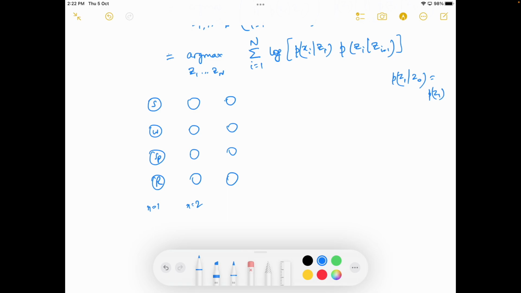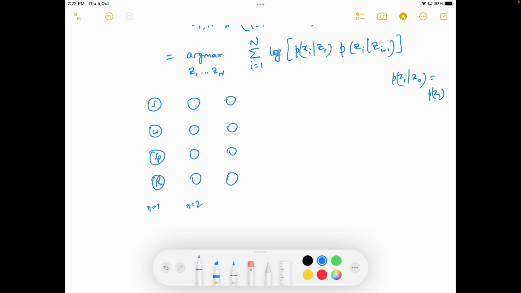And what is given to you? You are given this term. This term is a function of what? Only this term, inside the summation, is a function of i and zi, which means that here, if I am at rainy, it will have some value.